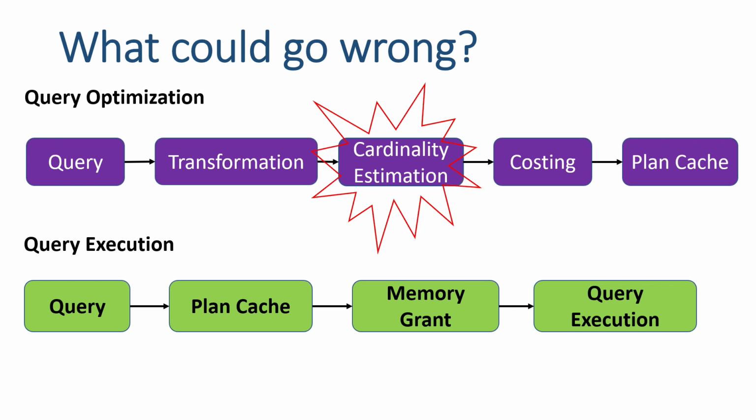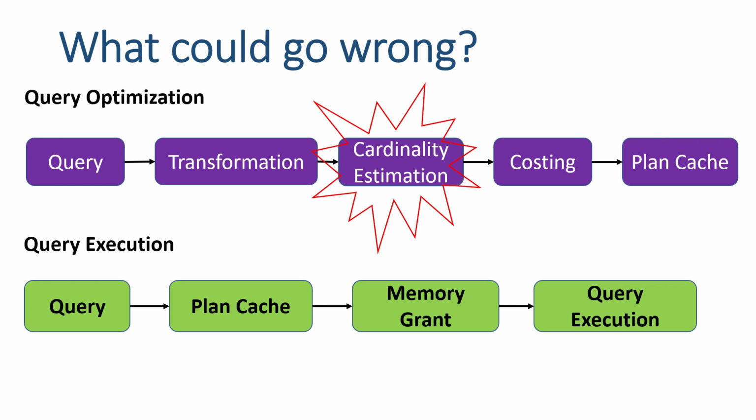What if these cardinality estimates go completely wrong? For example, if the optimizer thinks only a couple of rows, like 500 rows, are coming out of the table, but in fact, when the query goes to the runtime, it gives us 2 million rows, right? That means the cardinality estimates are way off and out of date.